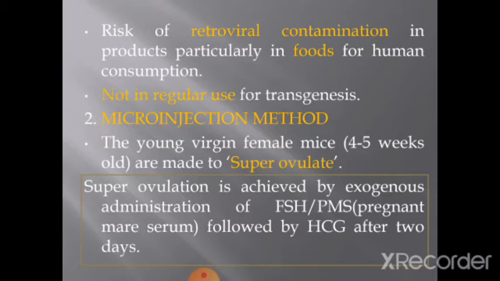Because of these limitations, the production of transgenic mice through the retroviral vector method is not in regular use.